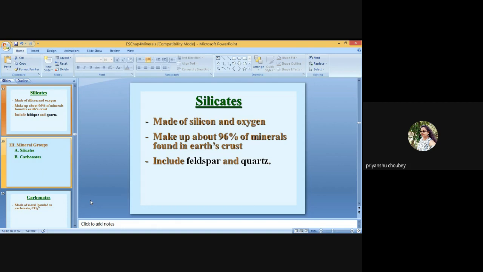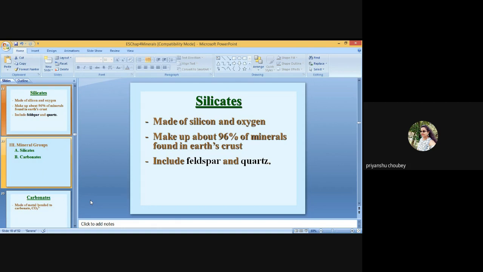Tetrahedra 1 and 3 share two corners, whereas tetrahedra 2 and 4 share three corners with the adjacent tetrahedra. The negative charge of these chains is balanced by magnesium in six coordination and the larger calcium in eight coordination, residing in the sites between the two silica chains, thus binding the two chains together.